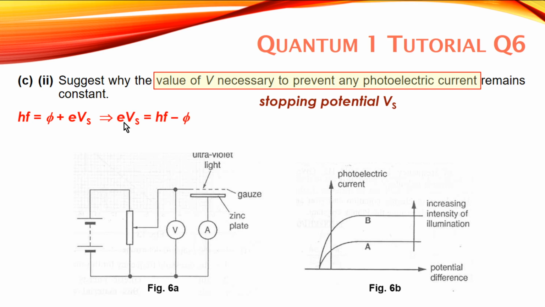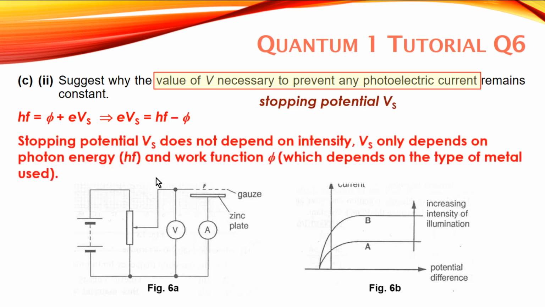So if we rearrange, eVs equals HF minus phi, that means the stopping potential actually depends on only two factors, HF and phi. So the first thing you tell them, stopping potential Vs does not depend on intensity. It doesn't appear in this equation. It's not affected at all by intensity. It's only affected by the photon energy HF and the work function phi.